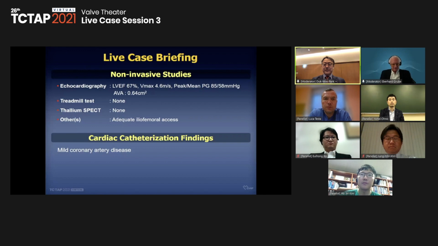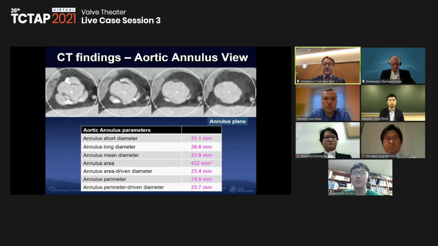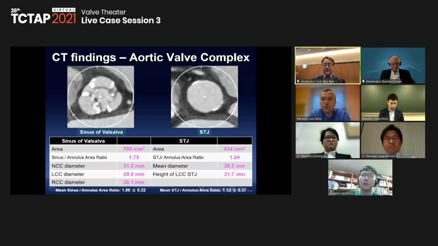And next, this is the CT measurement of the annulus. The annulus short diameter is 21 millimeters, long diameter is 26.6, annulus area is 432 square millimeters, and perimeter is 74.5. And next, this is the size of the sinus of Valsalva and the ST junction.